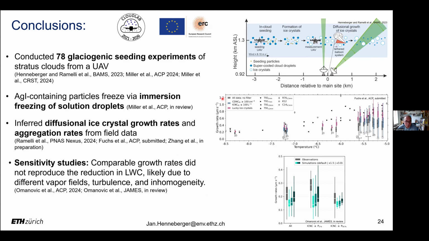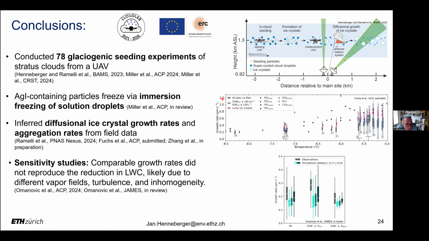Okay, with this I come to an end. I hope I showed you that we did quite a large number of glaciogenic seeding experiments, and the cool thing about it is that we can start doing statistics out of measurements in natural clouds. We know when the ice crystals are formed, or at least when the aerosol particles, the INPs, are introduced into the cloud. We think the particles freeze via immersion freezing of solution droplets.